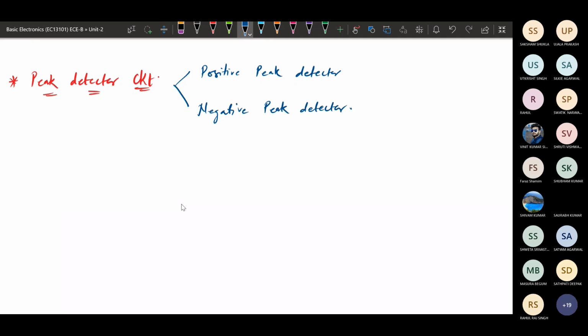Peak detector circuits are the circuits that detect the peak. Peak means the highest value of the input we are providing, that is, the maximum value of the input waveform.